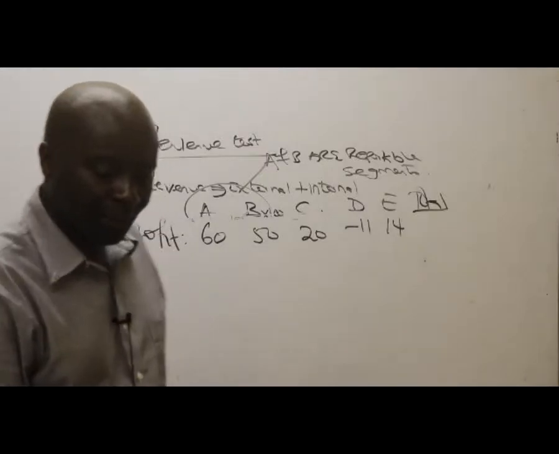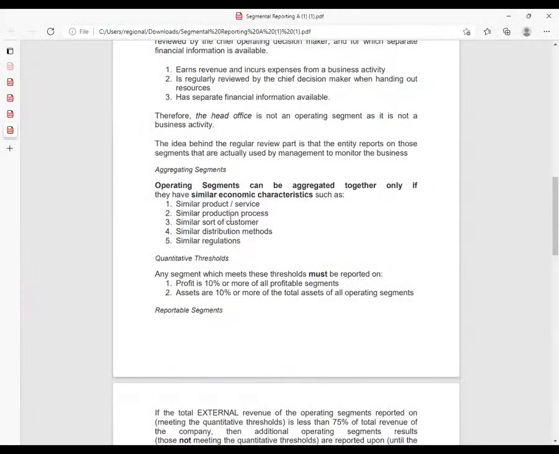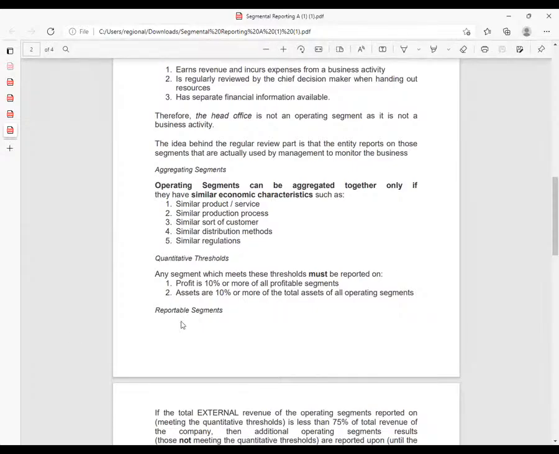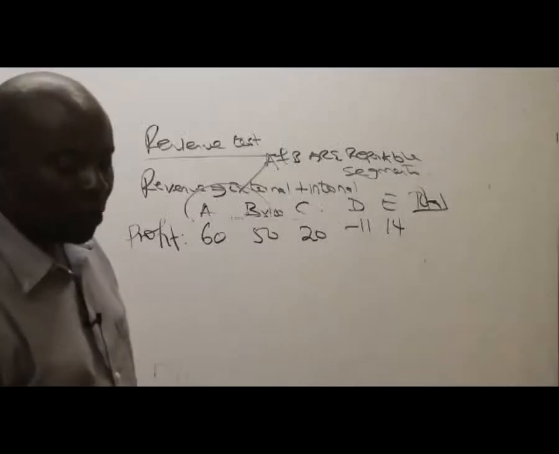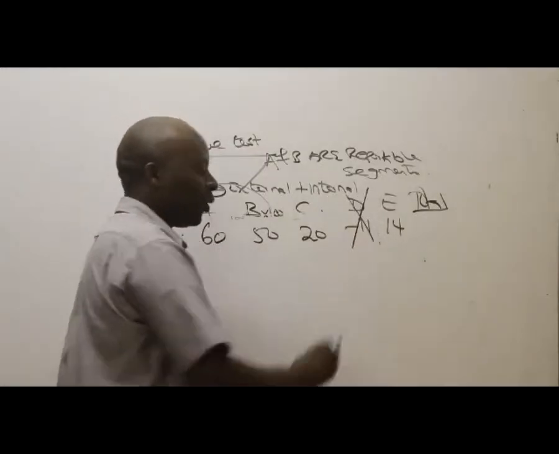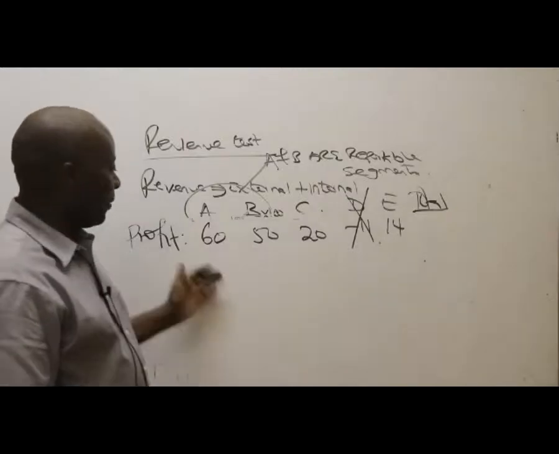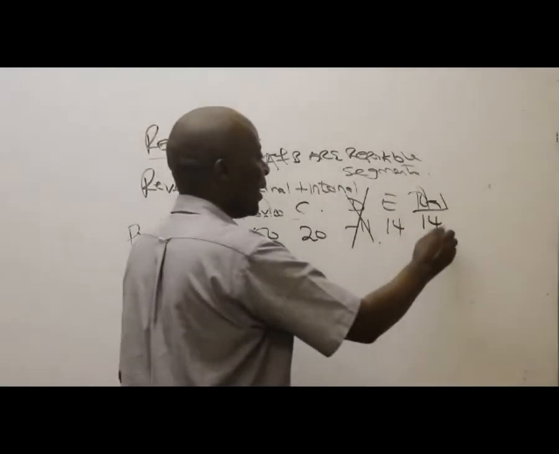Remember what we said up here: it is profit of 10% or more of all profitable segments. So D is not profitable, it cannot participate. So they're telling me this is 100 what here?